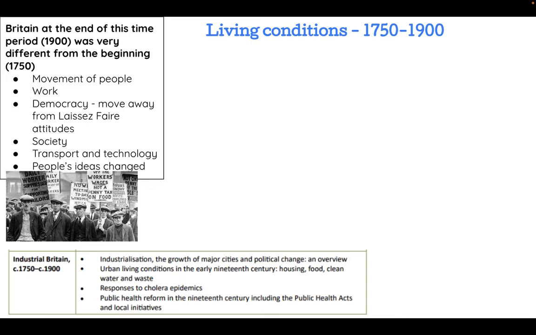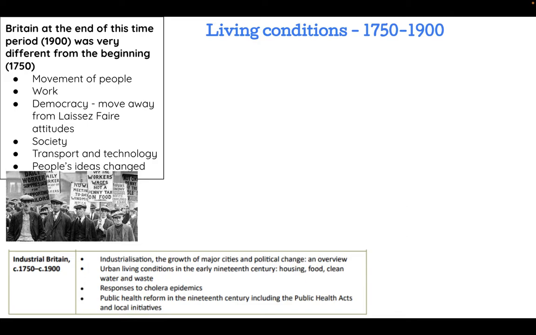But remember, that was 1884, towards the end of this time period. Also, when thinking about society, by 1870, children under 10 were given free education. So there's a bit of a shift towards importance being put on education.